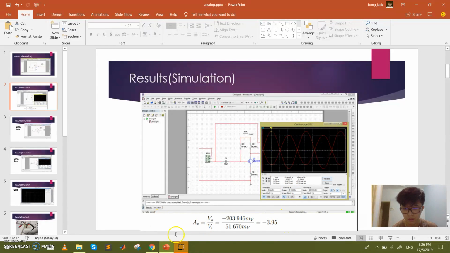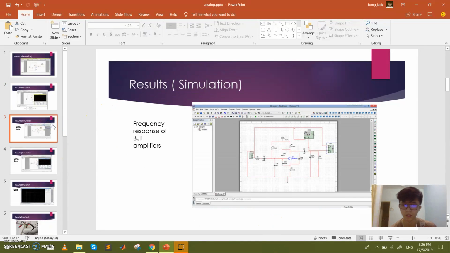So this is the voltage gain that we got theoretically, which is similar to the simulation voltage gain. And this is the frequency response of the BJT amplifier.